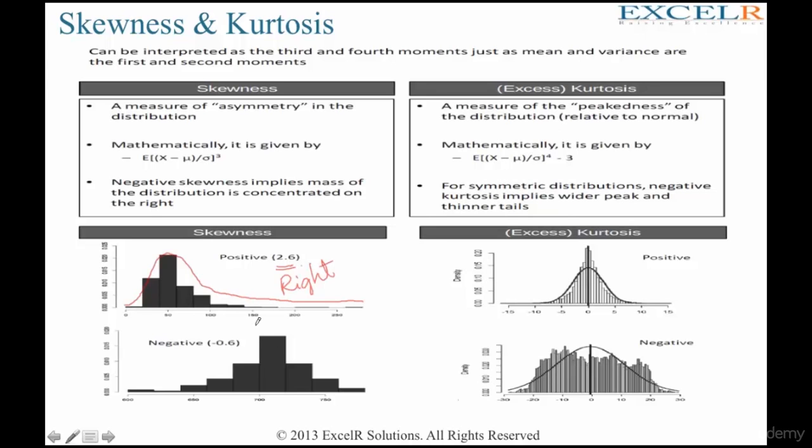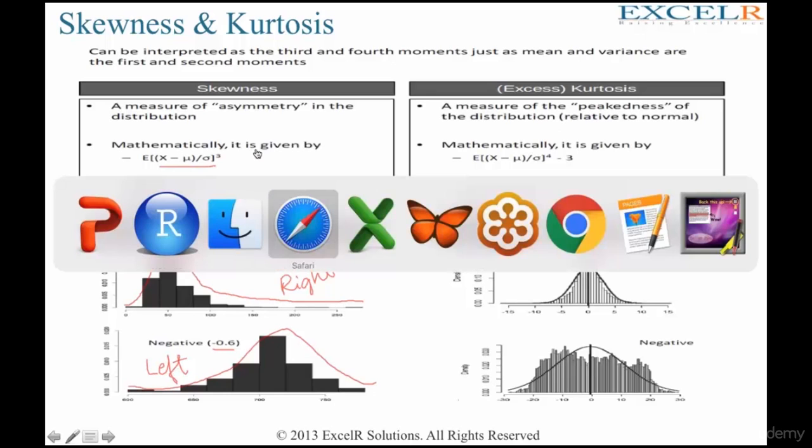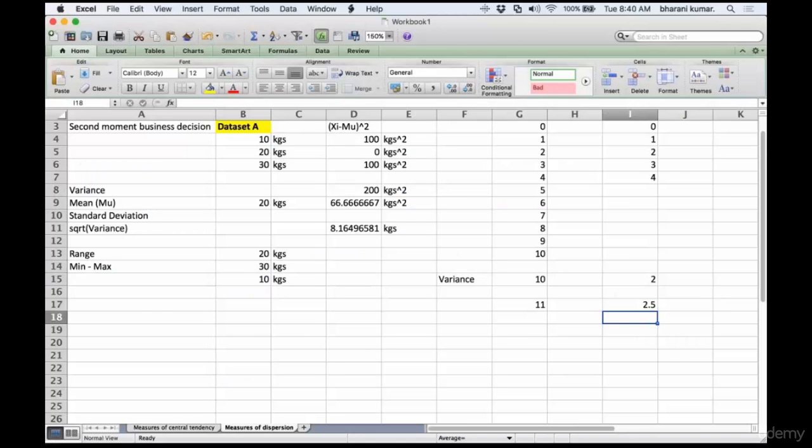If you get a skewness value which is negative, it is called negatively skewed or left skewed. Okay, and how do you calculate this? Let me quickly give you at least an intuition on how to do that.